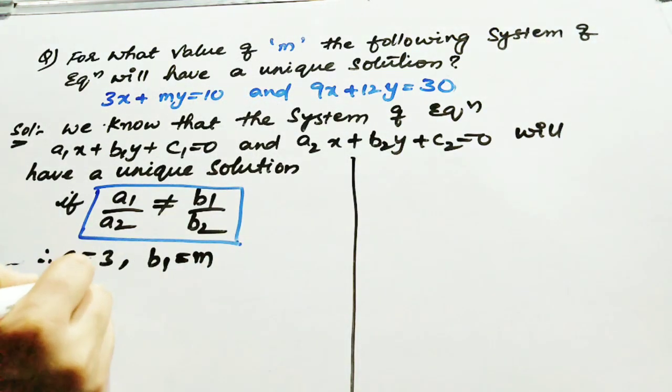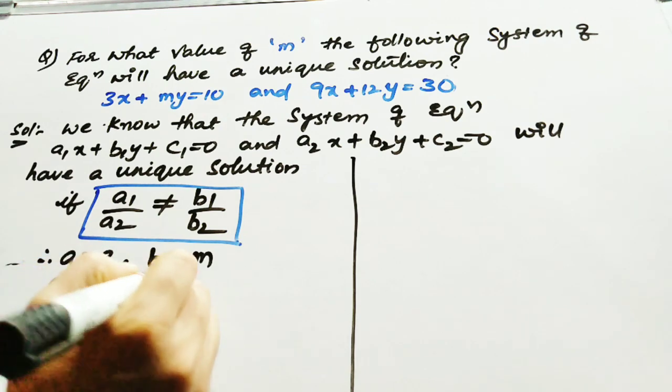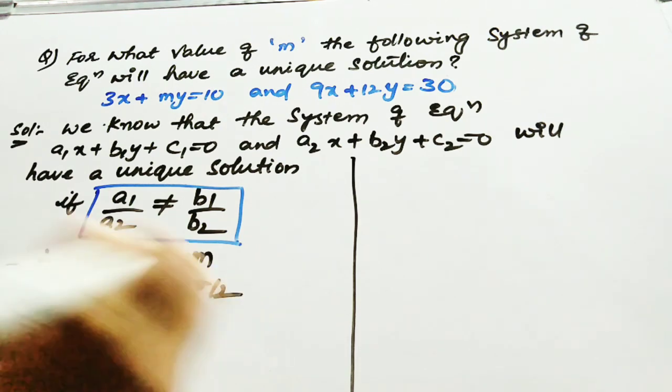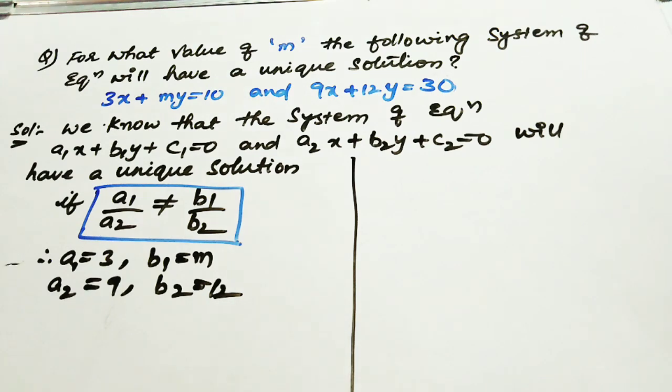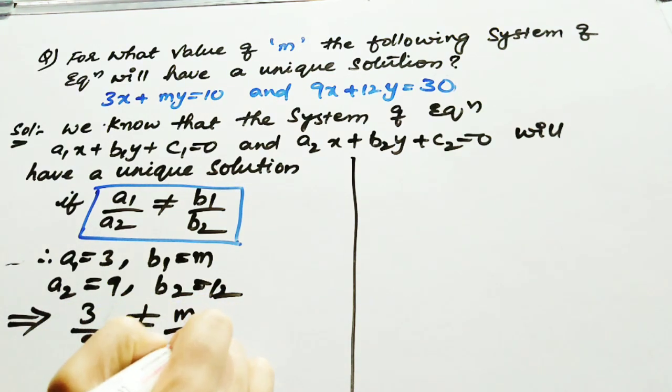And what is the value of a2? a2 is 9 and b2 is equal to 12. Then substitute it. So 3 by 9 is not equal to m by 12.